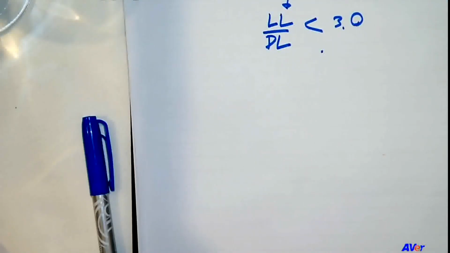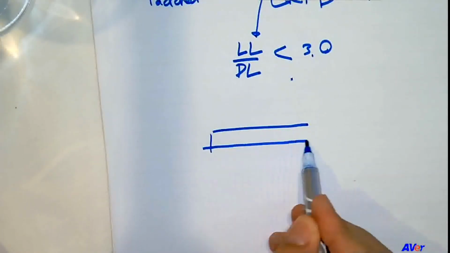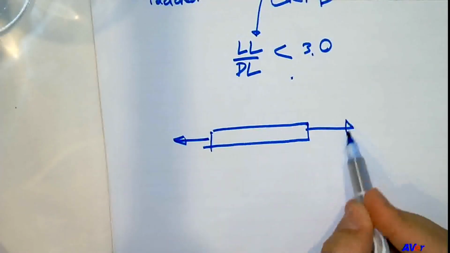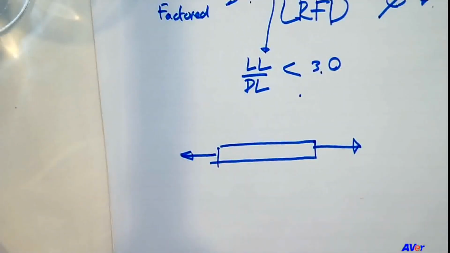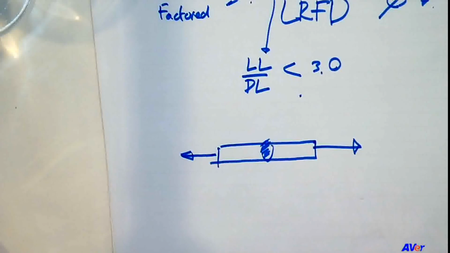Now, steel is a homogeneous material. We all know that, right? Let's say I take a piece of steel like this, I apply tension, and I keep increasing the load. It's going to fail in some area.